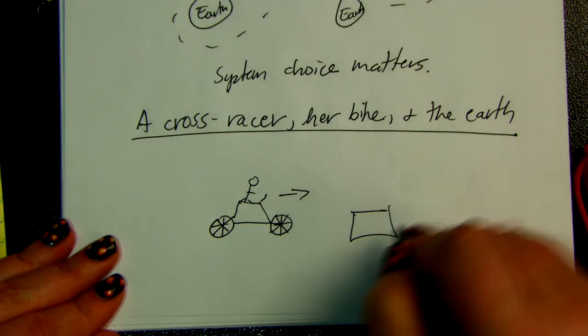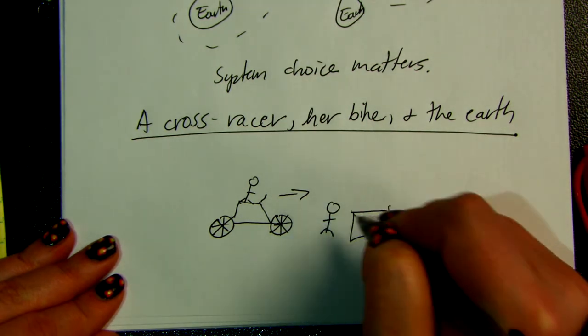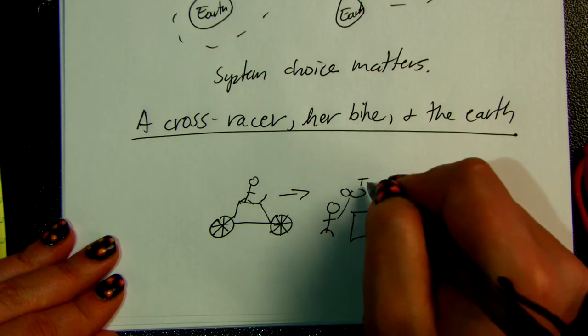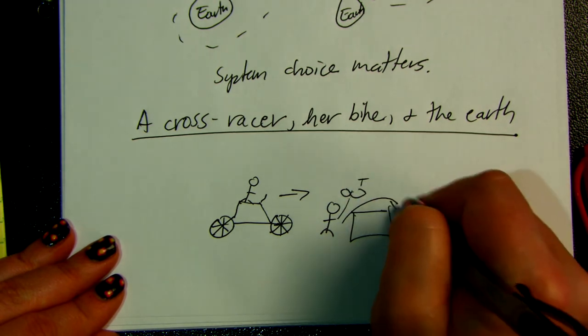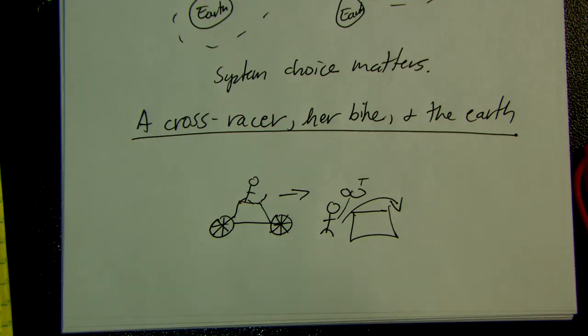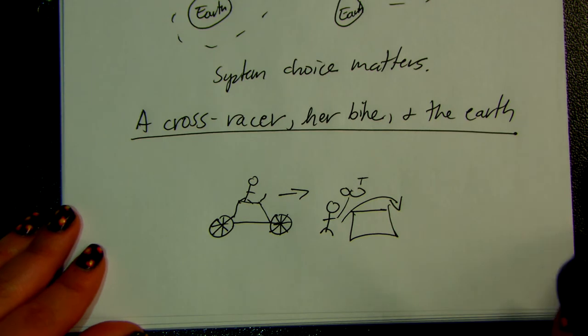So you'll have to get off your bike and lift it up over your head and go over the obstacle. Apparently this bike is changing size the whole time. Okay, so we're going to look at what's going to happen as the cyclocross racer gets ready to lift her bike up over her shoulder so that she can climb over an obstacle.